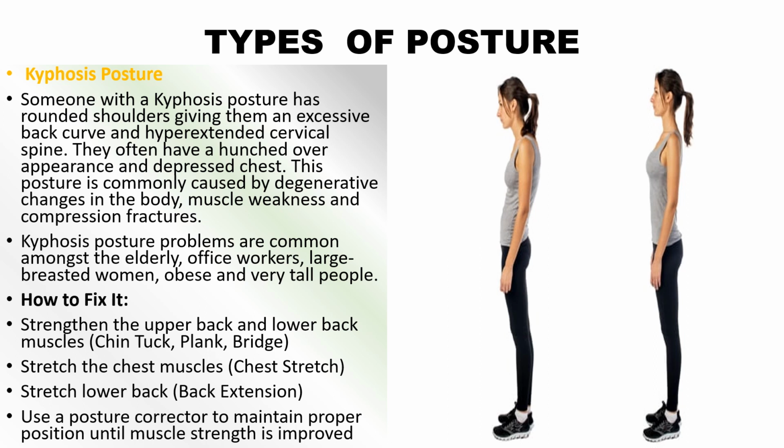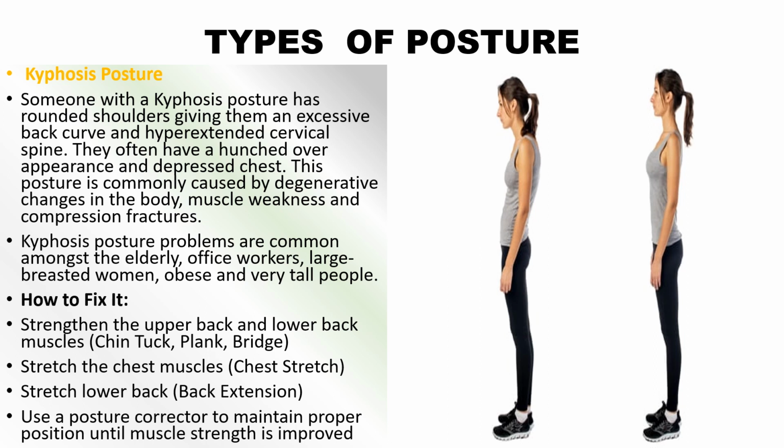Kyphosis posture problems are common among the elderly, the old aged people, and office workers continuously sitting on a chair. Some women with large breasts can also have this type of posture.